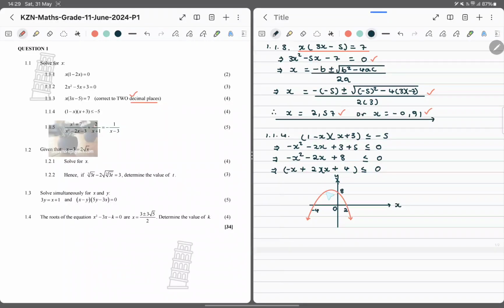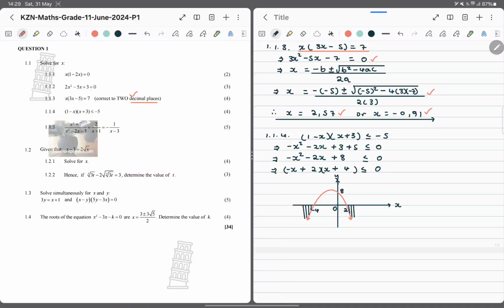Now I want this to be less than 0. Now the graph is less than 0 here. These x values give us y values that are less than 0, as well as these x values giving us y values that are less than 0.